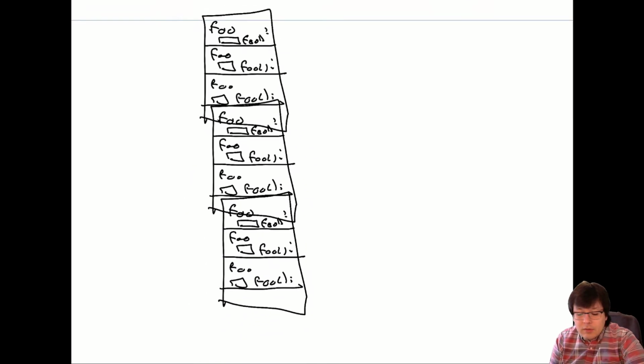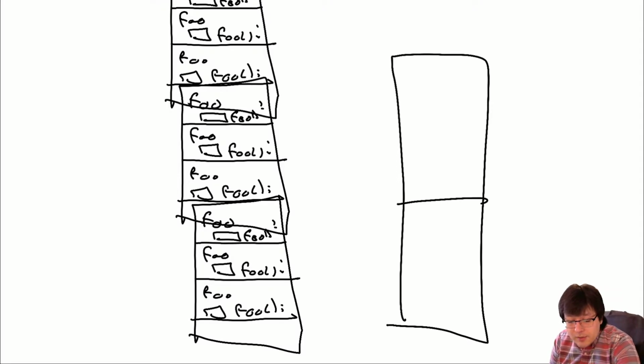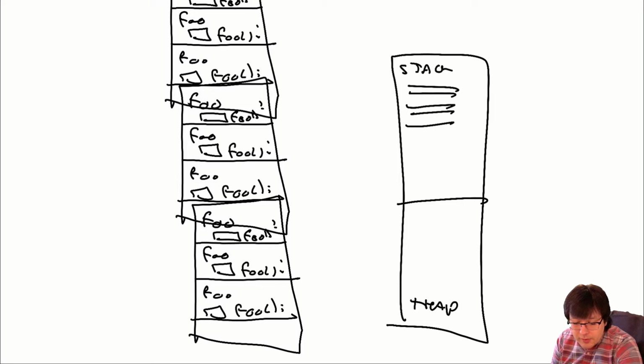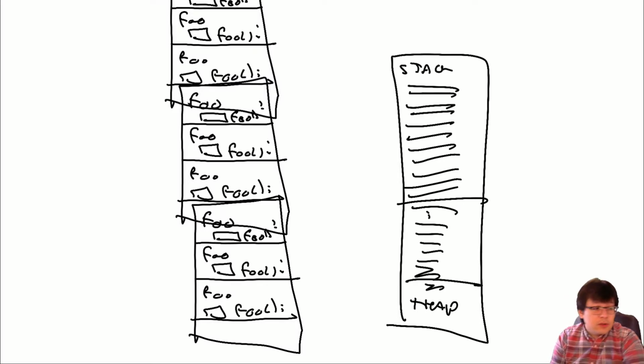Remember the idea of how memory is split into two things: the stack and the heap. If this keeps growing forever, eventually it's going to overlap into the heap. Even if the heap was really small, or empty, this thing is still going to keep growing until it eats the entire memory.